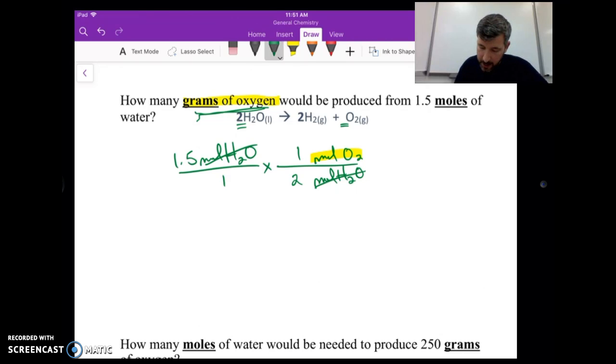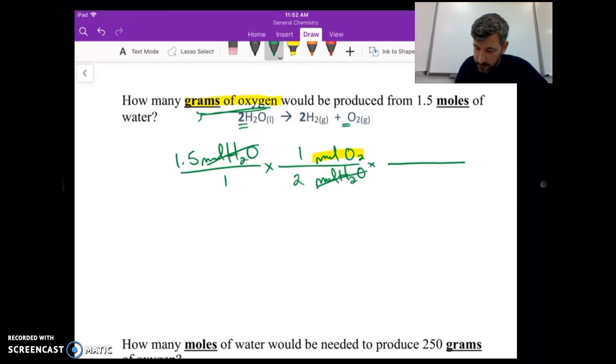But if you grabbed a periodic table, you should be able to tell me the relationship between moles of oxygen, or anything on the periodic table, and grams. So if I go to the periodic table, I'm going to see a number next to oxygen. It's like 15.999 or something like that, but it rounds to about 16.00 grams, and that is per 1 mole of that substance.